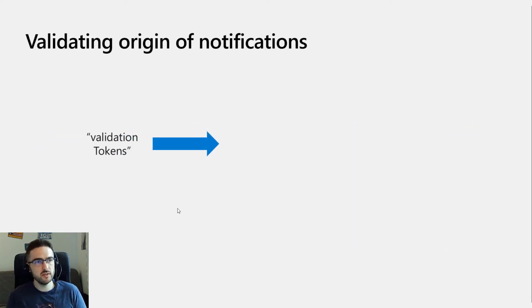So the first thing that comes with these change notifications with resource data are validation tokens. Those validation tokens are JWT, or JSON Web Tokens, and they are the same kind of tokens that we use for authorization in Microsoft Graph, the same kind of bearer tokens that you send us to tell us, hey, I'm this user or I'm that application, and so on and so forth.